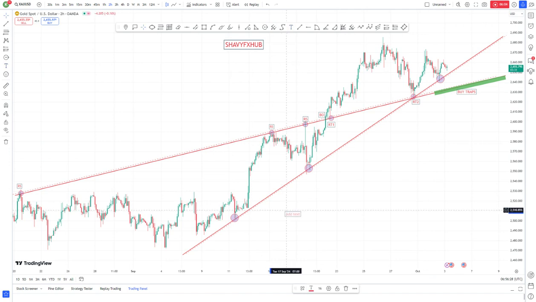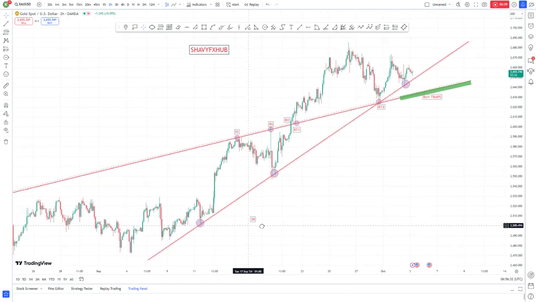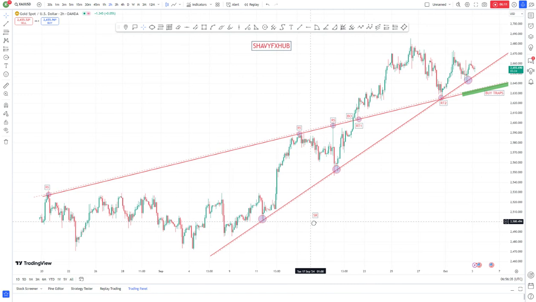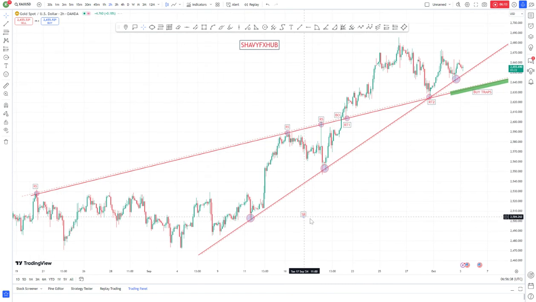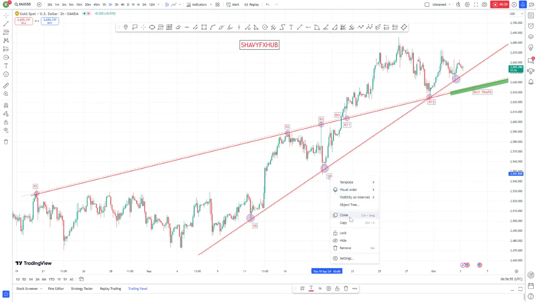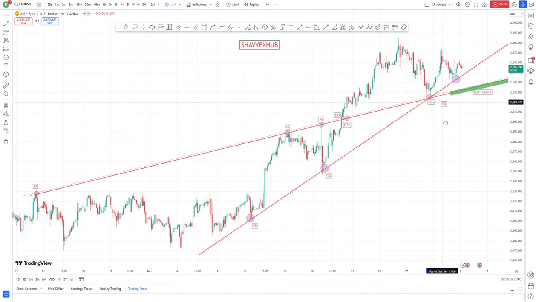I will call it SR. So each will be SR. Each will be SR. So we have three SR points: SR1, SR2, SR3, an SR and a retest candle.